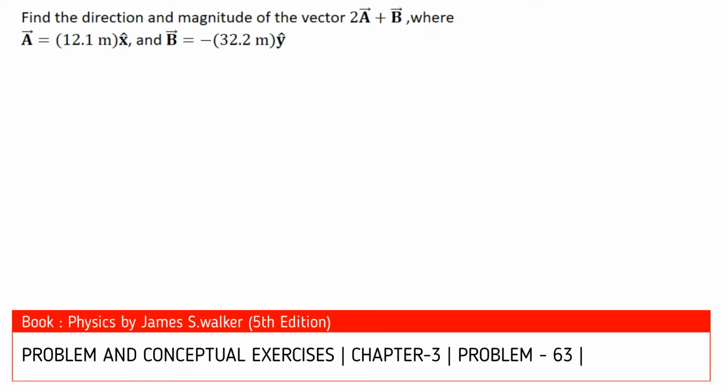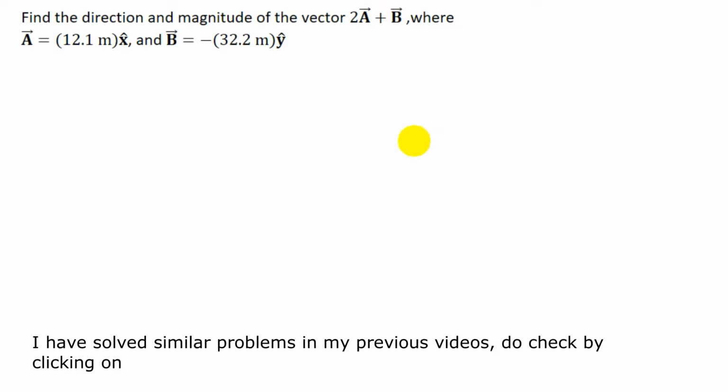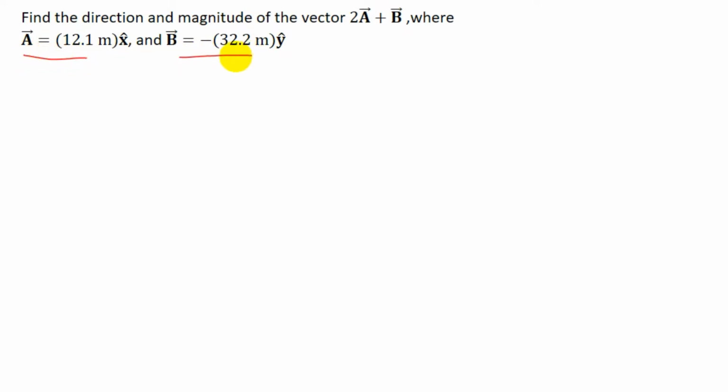So this is our next question, and it's a very easy question. We have seen multiple questions like this, so I'll be just writing the answers. You can do it on your own, and if you have any confusion you can comment in the comment box below. So vector A we are given this thing, and vector B we have this thing, and we have to find the magnitude and the direction of 2A plus B. Okay, so the magnitude will come out to be as, I'm just writing the answers because it's a pretty simple question and we have solved multiple questions like this.